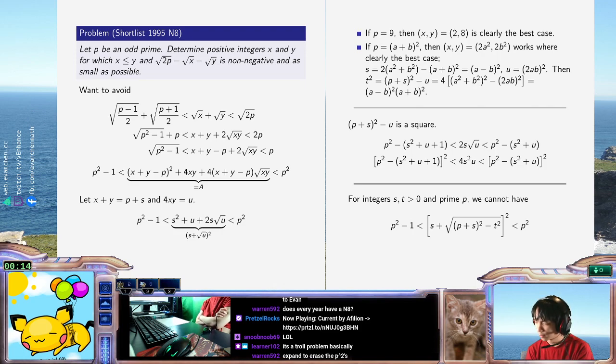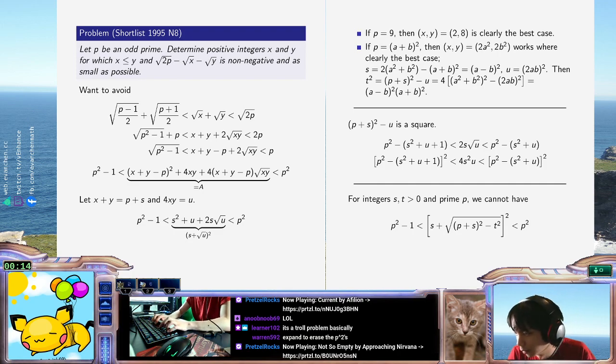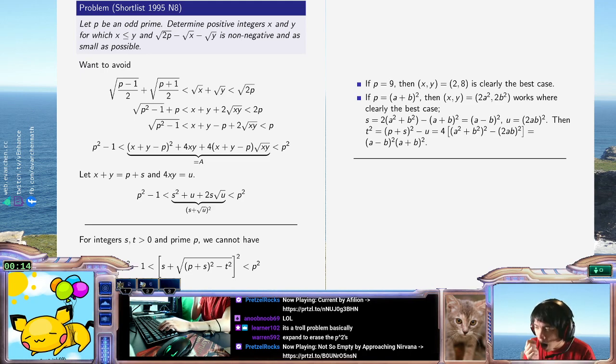Expand to erase the p squareds. Oh man, I just don't want to expand. I've been trying to avoid expanding. But I feel like I expand when I remember I'm desperate and I don't have any other options.